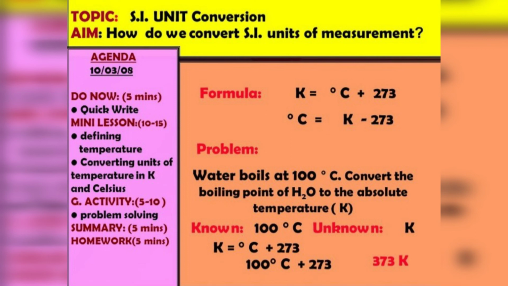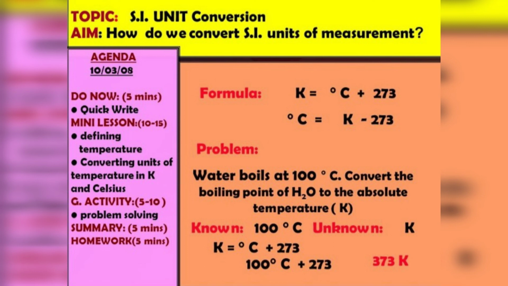Suppose our room temperature is 30 degrees Celsius. If you want to convert it to the Kelvin scale, you have to add 273. When you add 273 to 30, what do we get? 303. So the room temperature, 30 degrees Celsius, will be equal to 303 Kelvin in the Kelvin scale. In a similar way, you may convert any value from degree Celsius to the Kelvin scale.